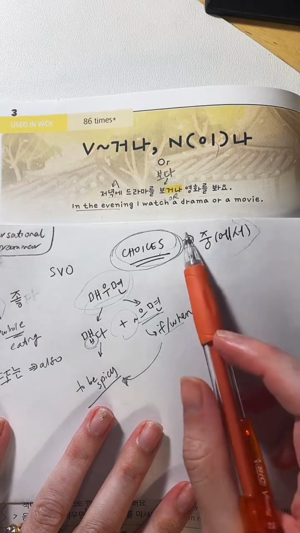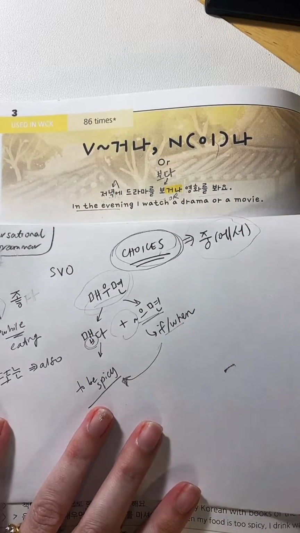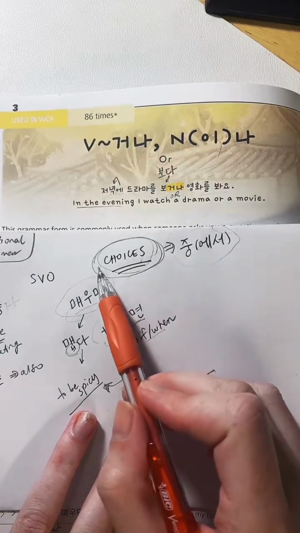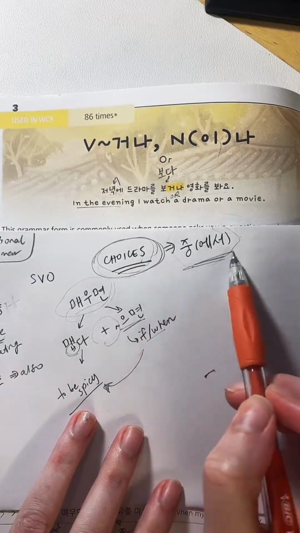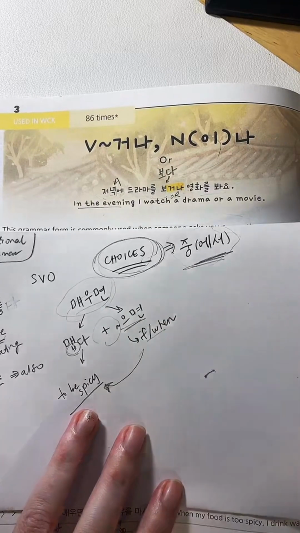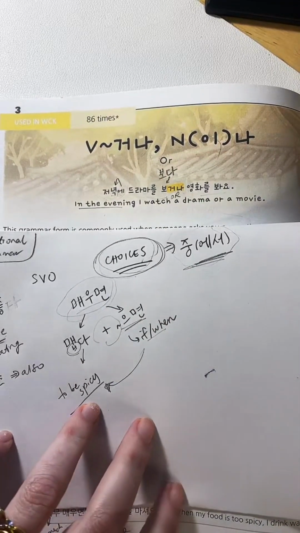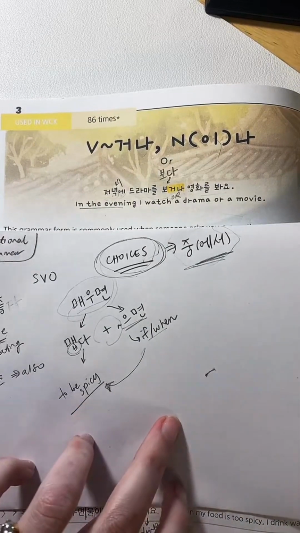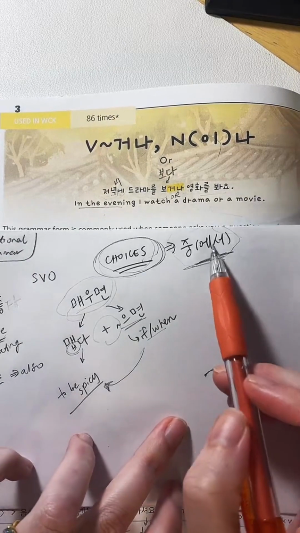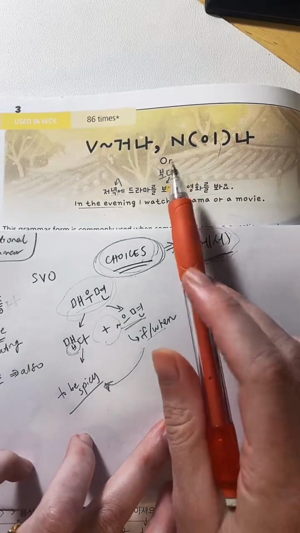It's actually taught in level 4 and we are in level 3 right now. But just keep in mind, if you want to ask someone to make a choice, you need to learn about this grammar form first. So in English, we would just say or, right? Do you want to do this or that? Do you want to eat this or that? But in Korean, if you're asking someone to make a choice, you use the 중에서 grammar form, not this grammar form.